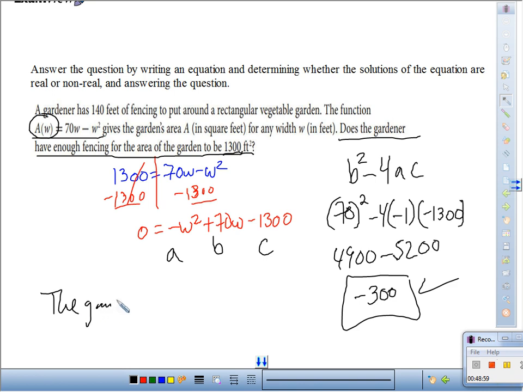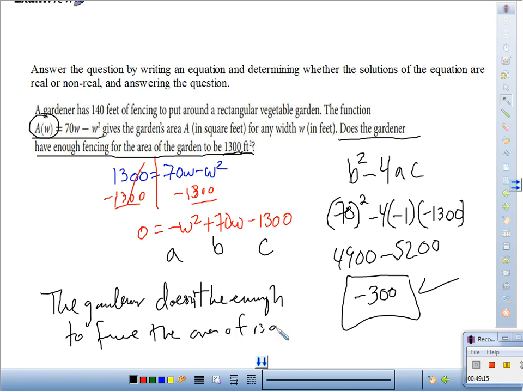The gardener doesn't have enough to fence the area of 1,300 feet squared. Thank you.